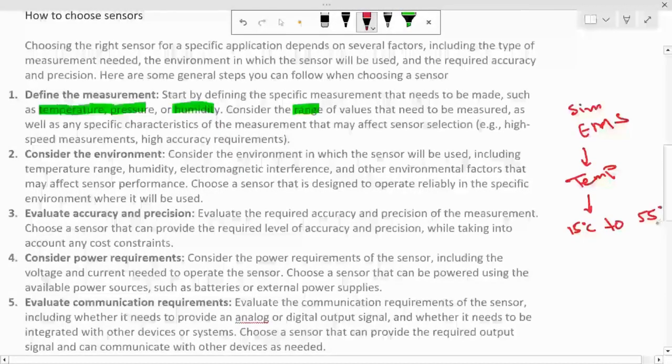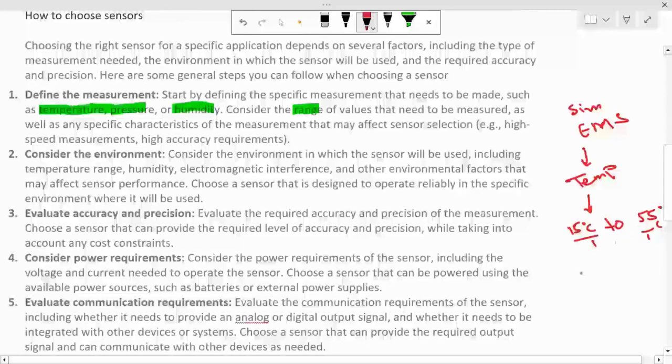In India, the range generally always falls between 15 and 55. It doesn't go below 15 and generally doesn't go above 55.